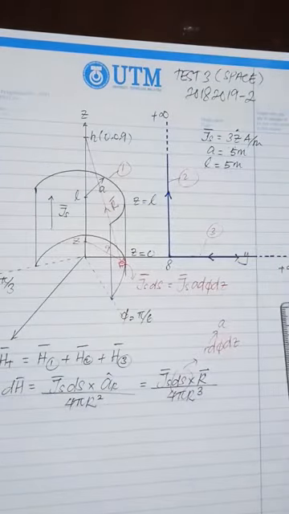Okay, the vector that actually joins the sample or current element to the point of interest.